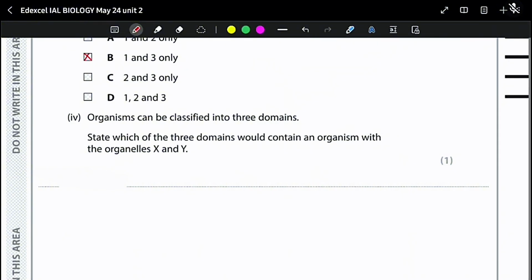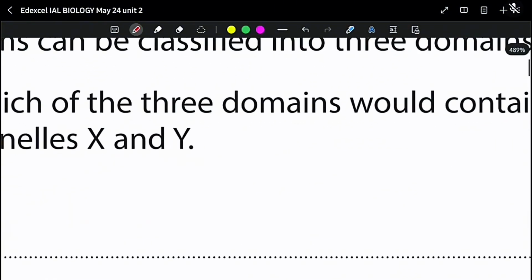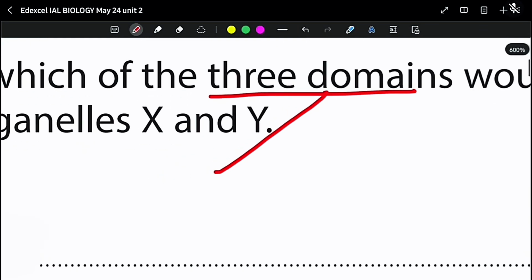Part 4. Organisms can be classified into three domains. State which of the three domains would contain an organism with the organelles X and Y. So we know the three domains are archaea, bacteria, and eukarya.